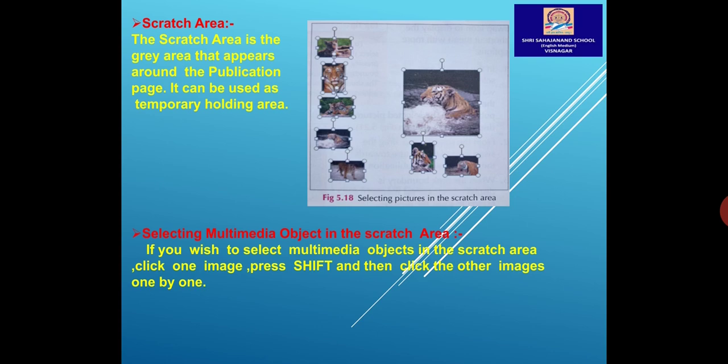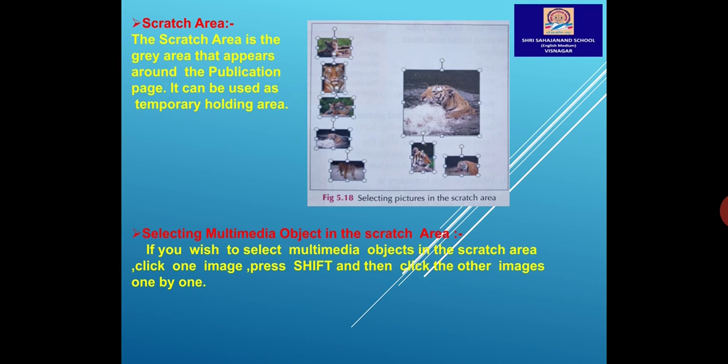Now next one is selecting multiple objects in the scratch area. If you wish to select multiple objects in the scratch area, click one image, press the Shift key and then click other images one by one. In this way, we can select multiple objects in the scratch area.